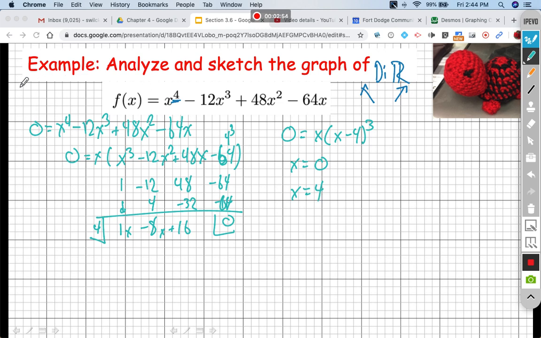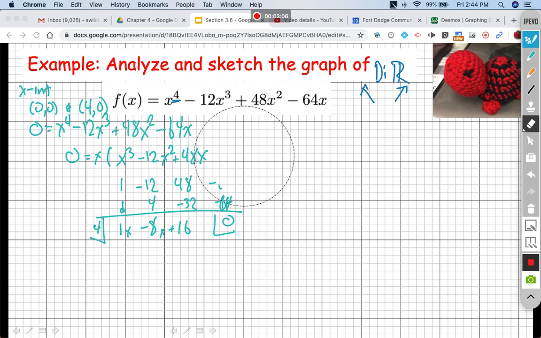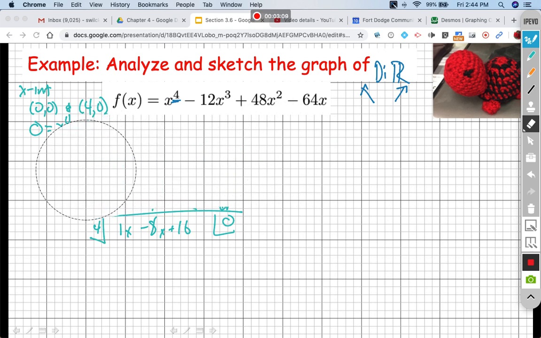So this is kind of nice. My x-intercepts are 0, 0 and 4, 0. Let me give myself some more room to work.